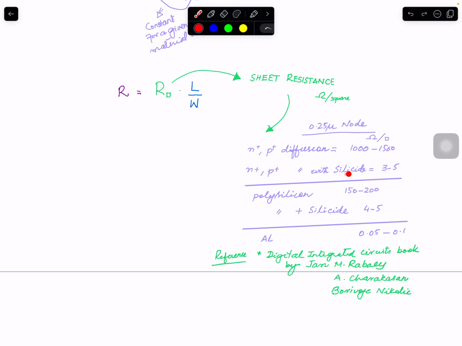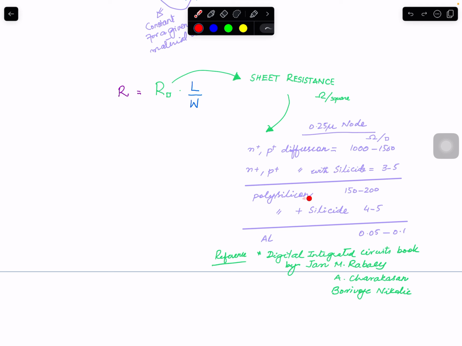And look at that, when you add that, then N plus and P plus become 3 to 5. So that's what they are used as a contact when you connect with another metal. You cannot just take it along because that is on the top side of it. So it creates a low resistance path when you connect to metal 1, for example.